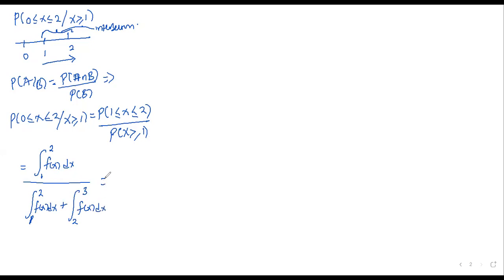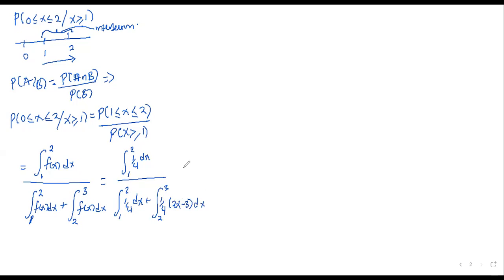Because these two are different, the upper one will be the integral of a quarter dx from 1 to 2, divided by the integral of 1 to 2 of a quarter dx plus the integral of 2 to 3 of a quarter of 2x minus 3 dx.